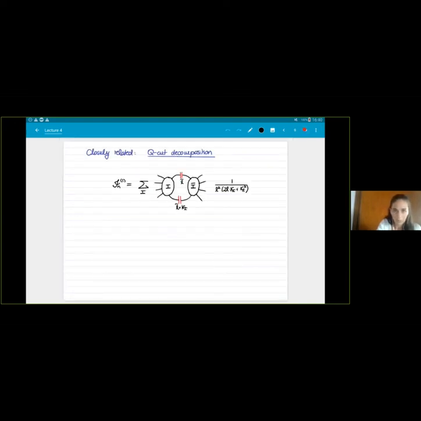Now, one comment that I want to make on this, maybe just briefly in view of time, is that there's something closely related to this integrand representation, which is known as a Q-cut decomposition. And in fact, Jake is the expert. So if you have questions, you have experts directly in the lecturer list.